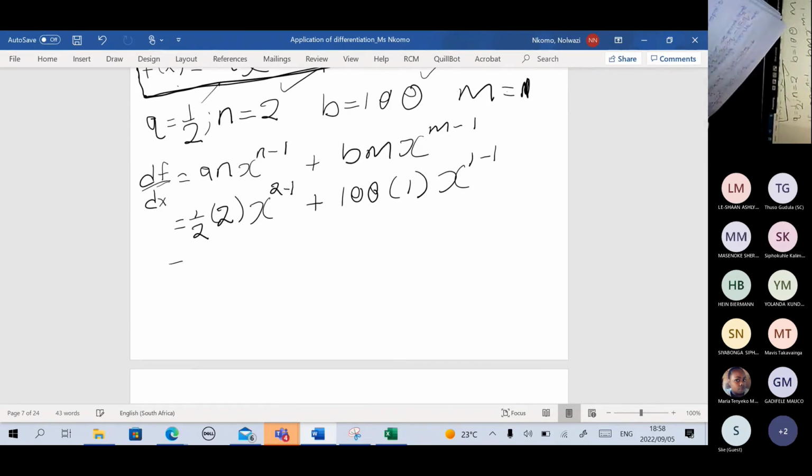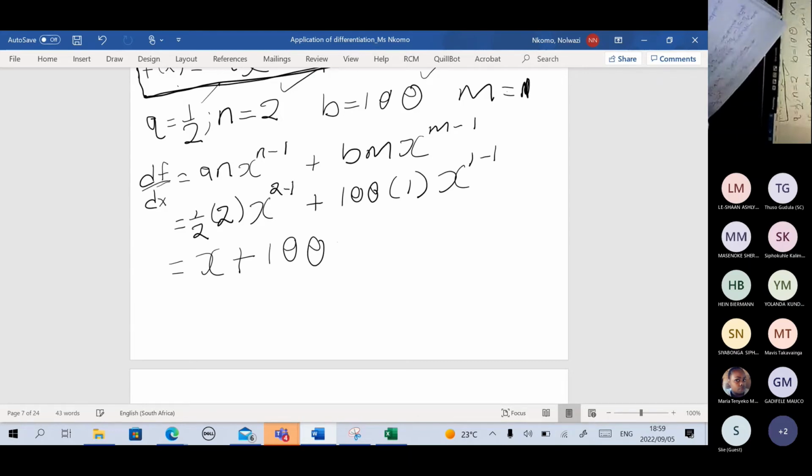So half times 2 is 1, so we have 1 x to the power 2 minus 1, which is 1, so it's to the power 1.